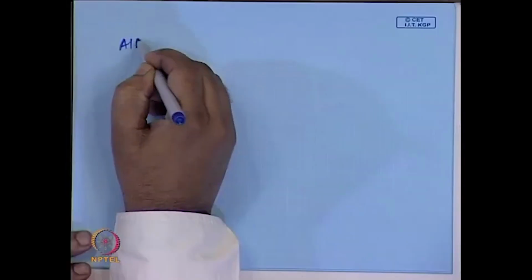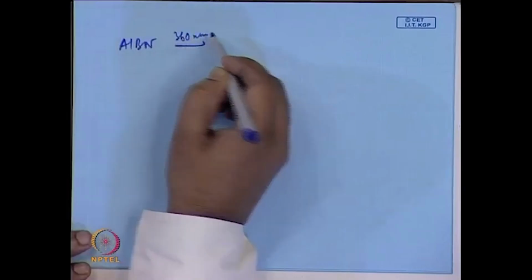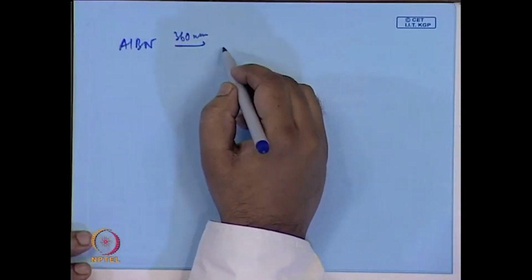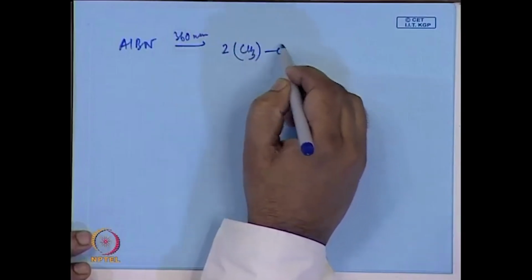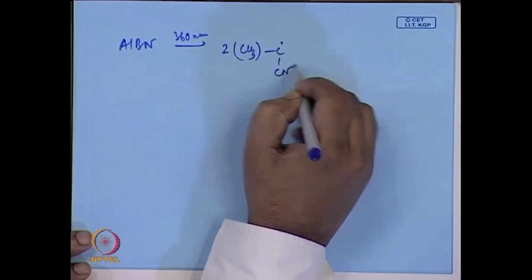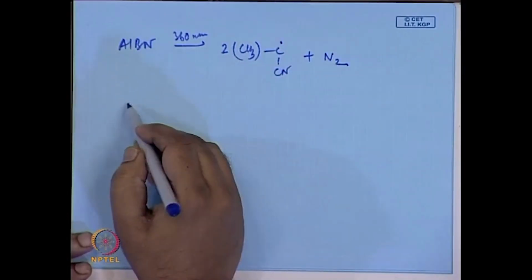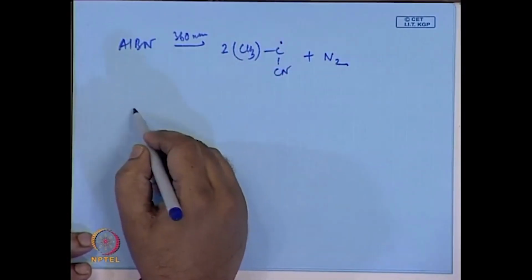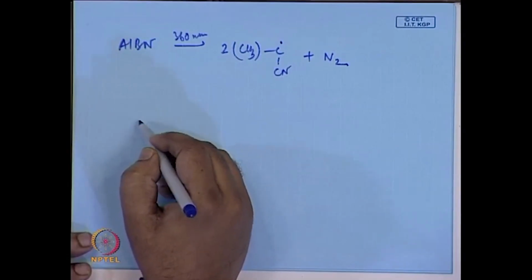A simple AIBN-type molecule also can absorb a photon and break into two radicals. Most commercially used radical initiators are like benzoins.